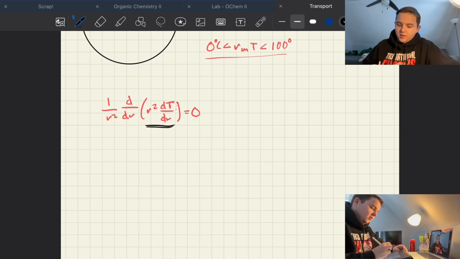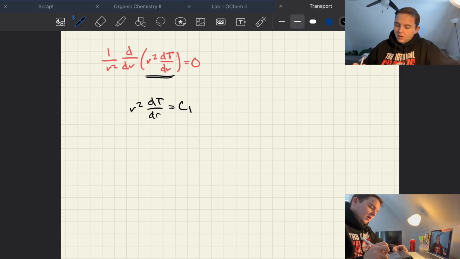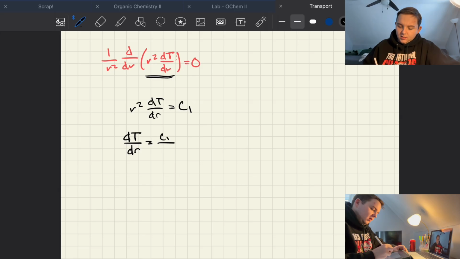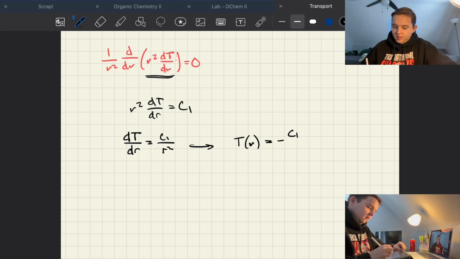Our first integration will just be under what's underlined, so it's going to be r squared dT over dr is equal to C1. Then we want the C1 and the r on the same side, so dT over dr equals C1 over r squared. And then integrating a final time, temperature related to radius is equal to negative C1 over r plus C2.